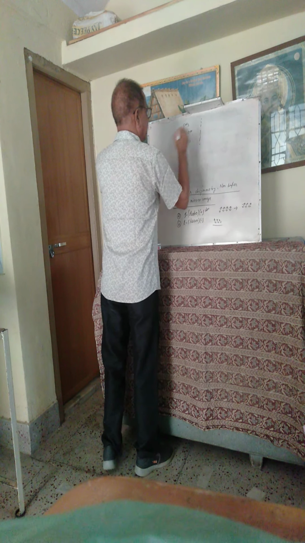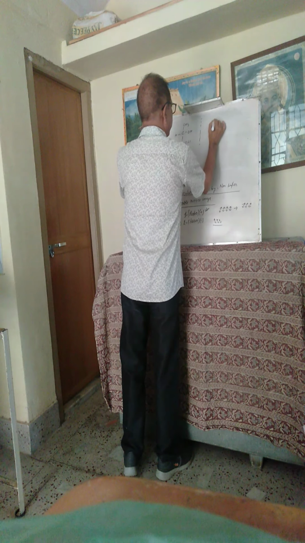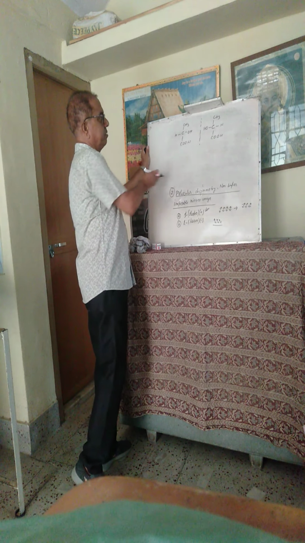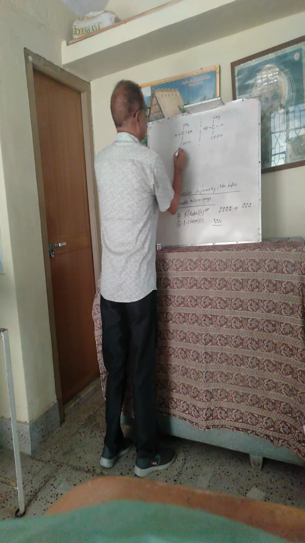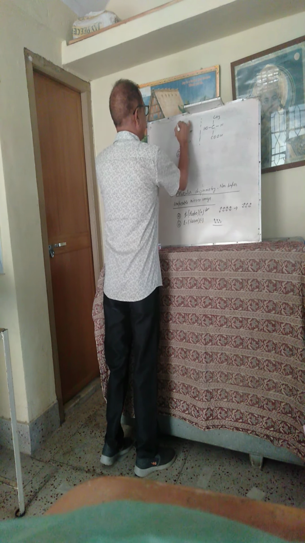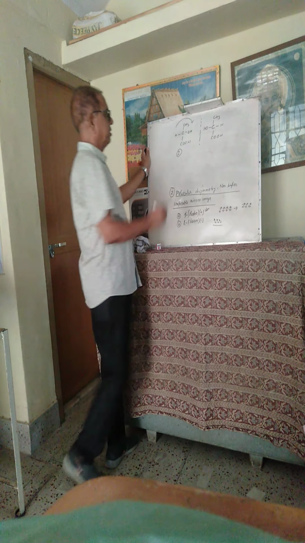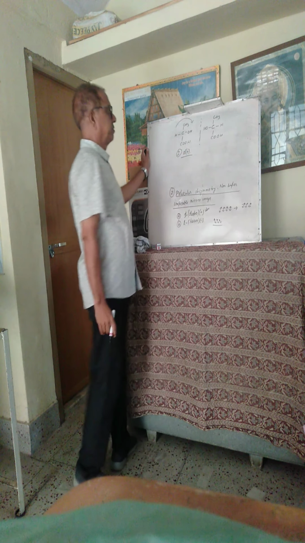Let us suppose that this is an imaginary mirror. When plane polarized light is passed through the solution of this type of lactic acid, it rotates the plane of polarized light towards the right hand side, and this is dextro, D plus lactic acid.